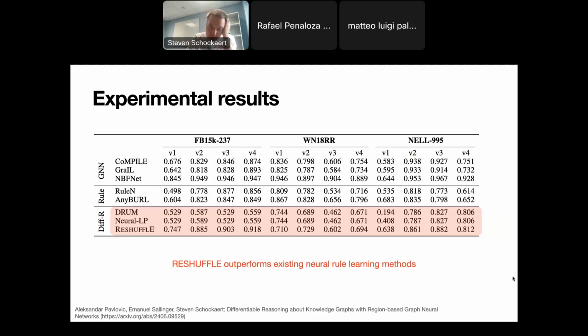So here we compare our results with other methods. We can view our model as a sort of differentiable rule learning strategy. And as you can see here, if you compare this with other, older differentiable rule-based methods, then our approach is quite a bit better.